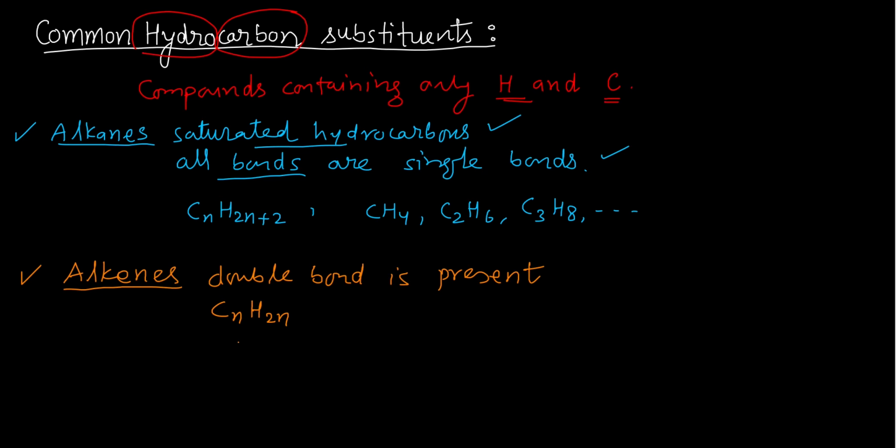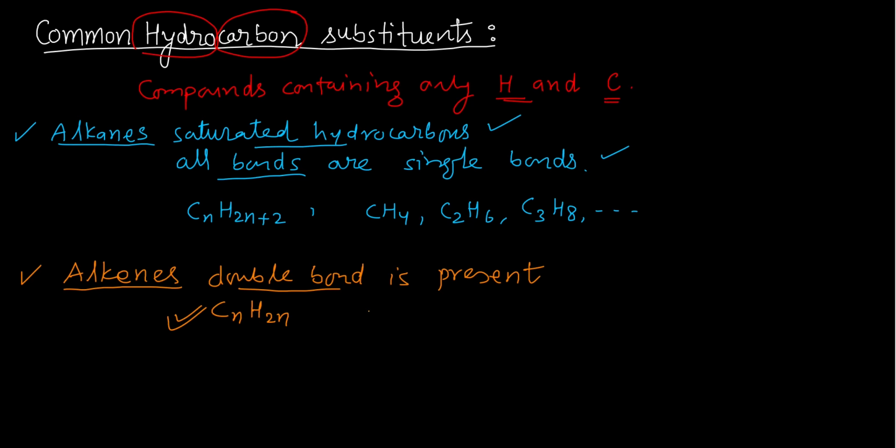If there is more than one double bond, then this general formula will not be valid. For n equal to 1, you won't get any alkene, because for a double bond you need at least two carbon atoms, since carbon and hydrogen don't make a double bond. So at least two carbon atoms are needed for forming an alkene.